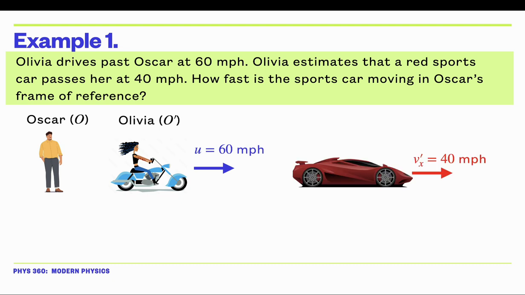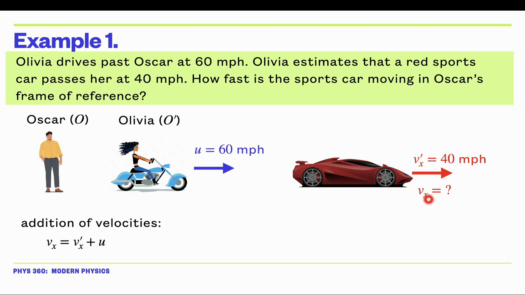We're also given that Olivia sees the sports car passing her at 40 miles per hour. So that's from her perspective. Since she's in the primed frame, that means that Vx prime is going to be 40 miles per hour. If we look at the addition of velocities formula, we're trying to solve for the velocity as seen by Oscar. So Vx equals Vx prime plus u.